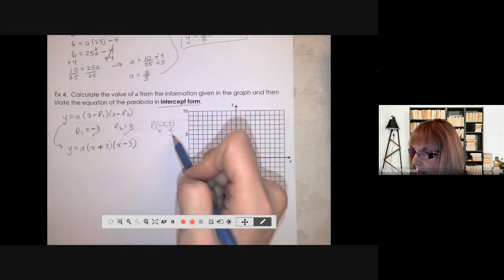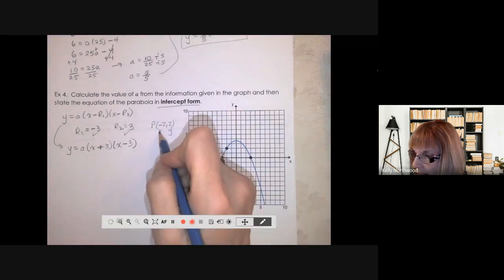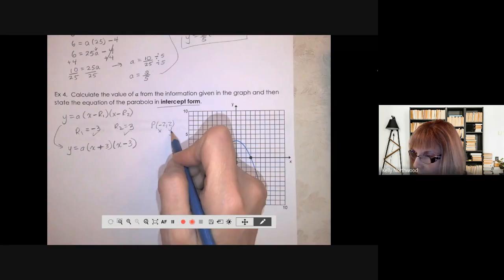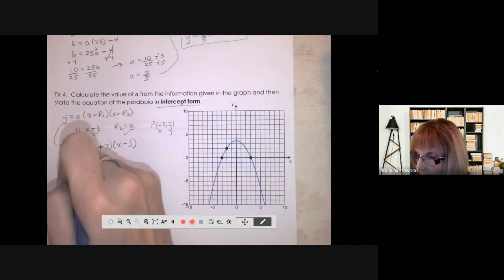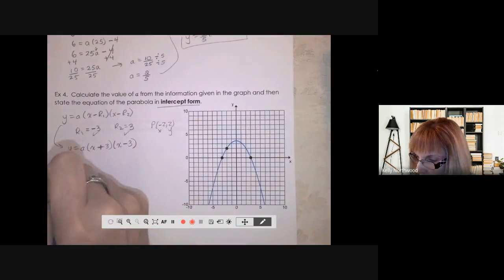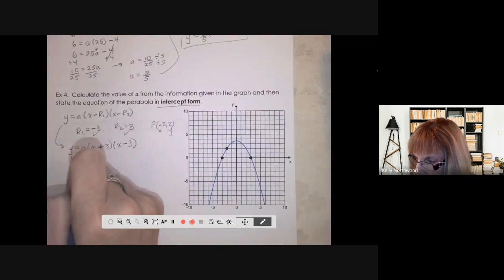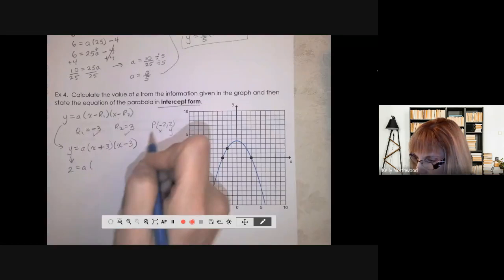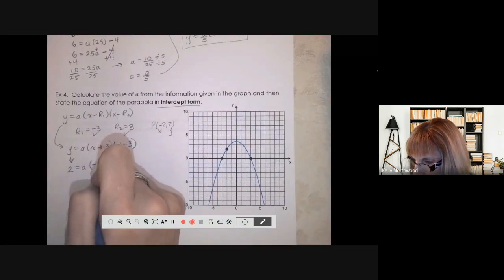So for this point to be on the parabola, when x is -2, y has to be +2. So we can replace y with +2 and each of these x's with -2.